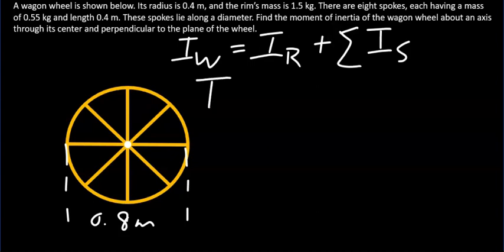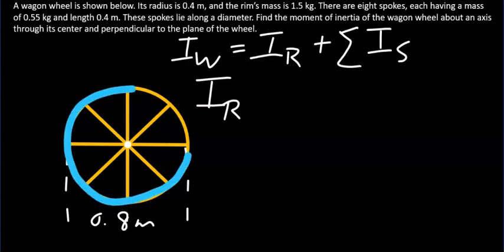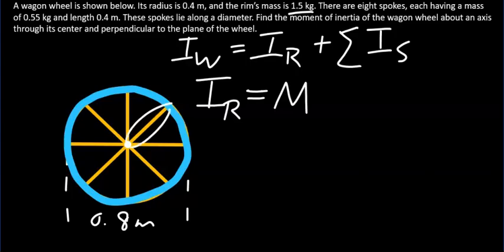So let's do the rim contribution. So that is the moment of inertia of this circular part of that wheel about that axis. The moment of inertia for such a construction is given by the mass of that wheel, which we know to be 1.5 kg, times the radius squared of that wheel, that distance right there.